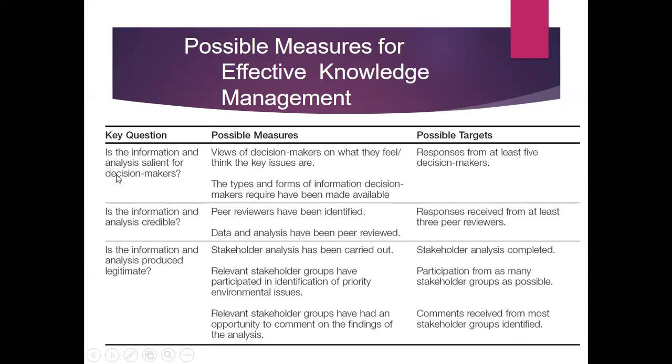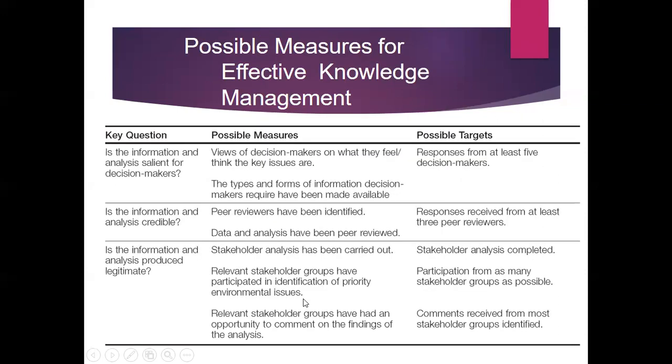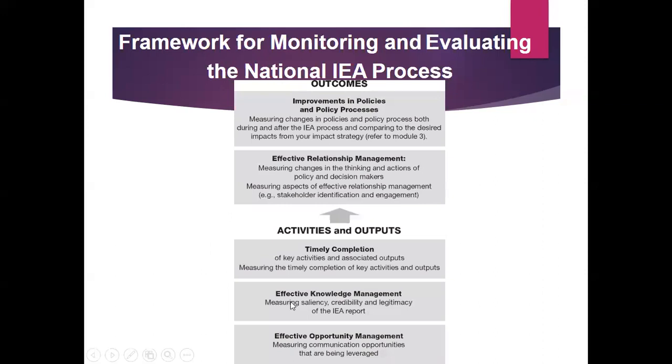Is the information and analysis salient or pertinent or important or of consequence for the decision makers? Because if we go back here, we see knowledge management. Is that what we're looking at? Yes, knowledge management. These are the things that we are looking at, right?